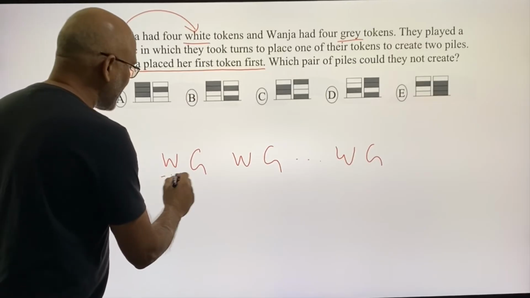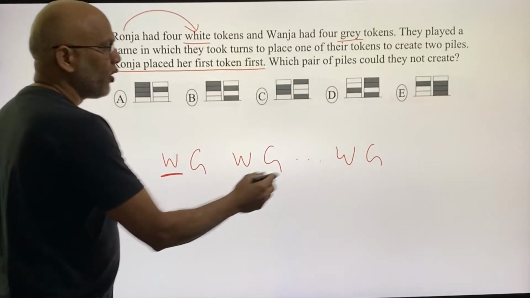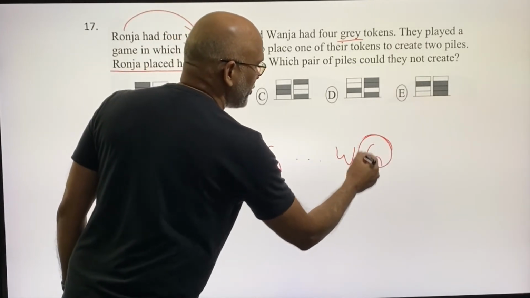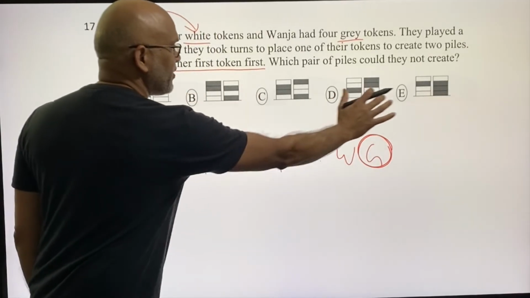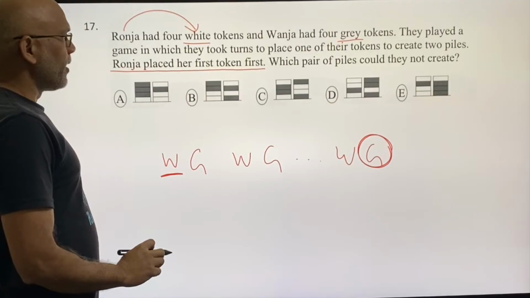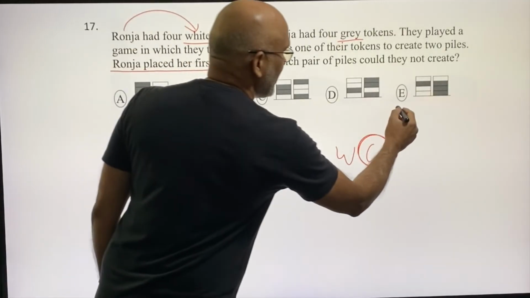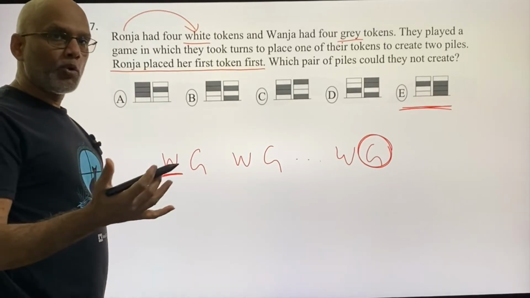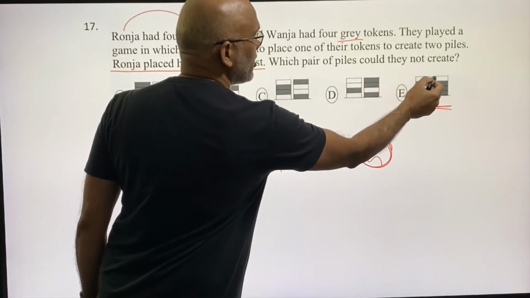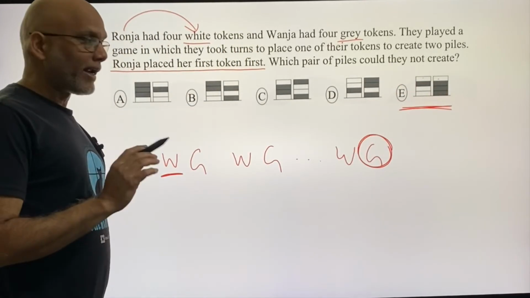So if we start with a white token, we must end with a gray token, right? And then if we carefully look at the different choices, E is the only choice which does not end with a gray token. They are both white on the top, right?